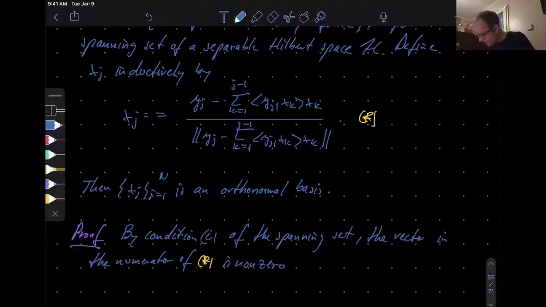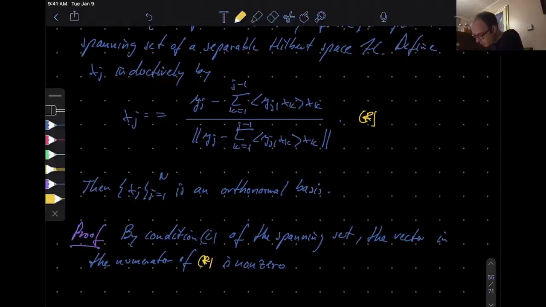Why is this? Well, look, the vector in the norm in the denominator is the same vector as in the numerator. So why is that one non-zero?